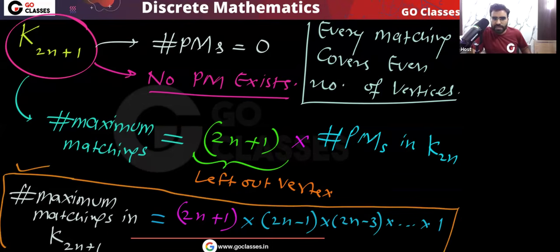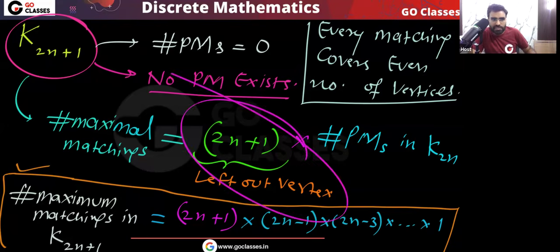That's it. Very simple. And the same thing will work if I ask you for the number of maximal matchings in K2n+1. Because again the same thing, every matching will cover an even number of vertices. So in this K2n+1, maximum how many vertices I can cover, that will be 2n, correct. So one vertex will be left out.